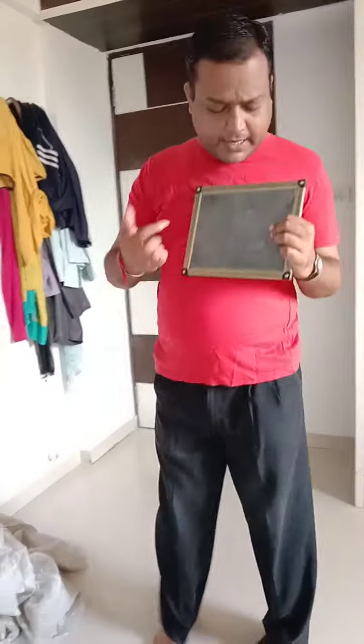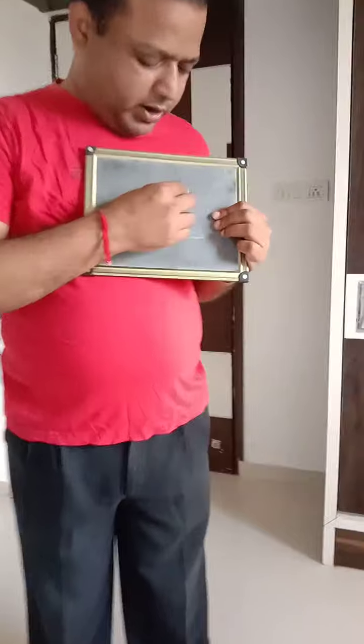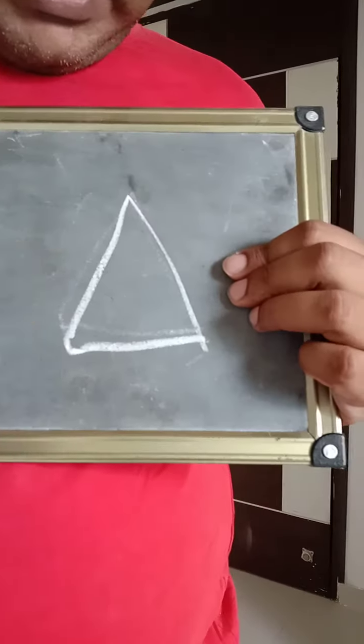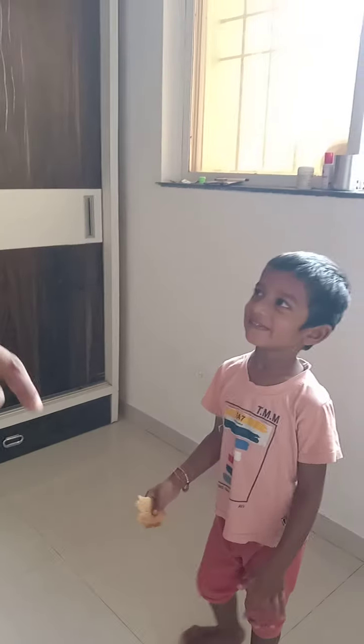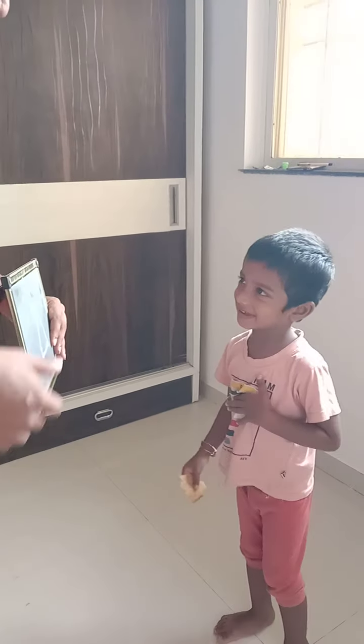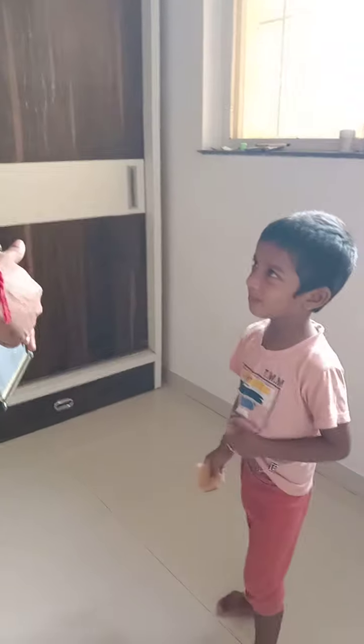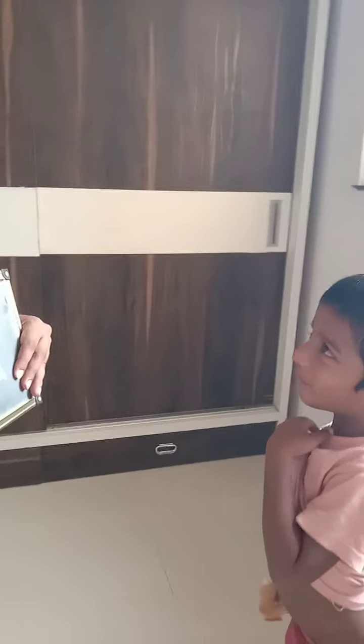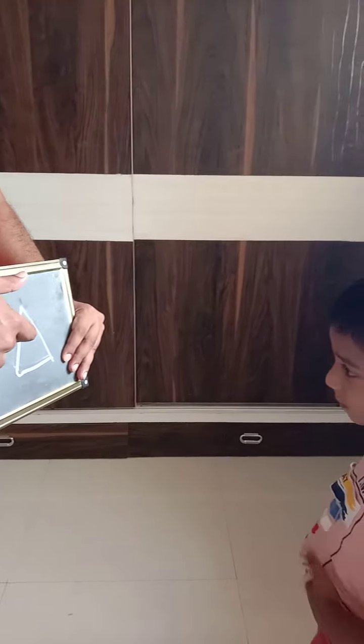So for example, here I am taking the smallest, simplest example, this model. What is this one, Aditya? Triangle. And another one, what do you call it?